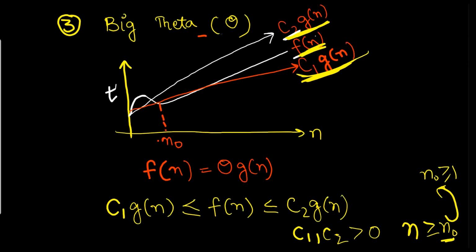That's why this big theta is always termed as the average case, where we always take the value in terms of both upper bound and lower bound, that is big O and big omega. Sometimes theta is also known as asymptotically equal.